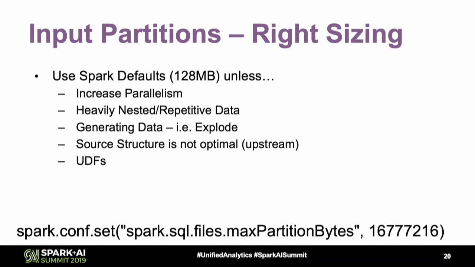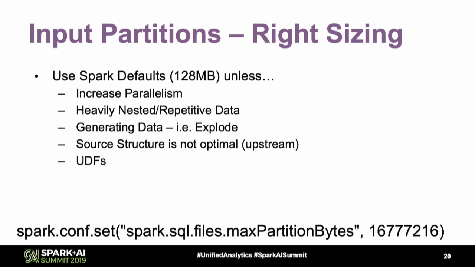The next one is generating data. If you have an array and you're exploding it, or you're generating a lot of data per key or something like that, that's going to obviously create more memory. So you need to have smaller starting segments so that you have more space for the extra data. Also, there's a lot of issues sometimes with the source data.